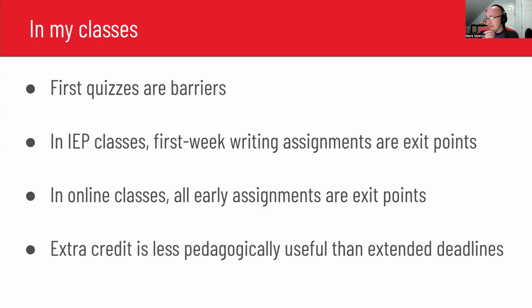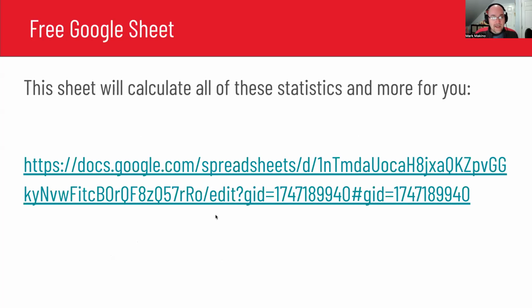And again, you don't normally expect to see negative correlations at all in a grade sheet because everything is contributing to the final grade. So if something is negatively correlated with final grades, that means something very strange is happening. Anyway, I have a Google Sheet that I'm going to share with you, and it will do a lot of these statistics for you.